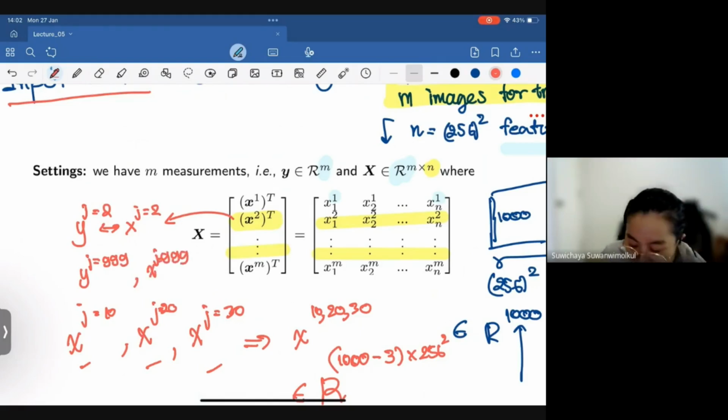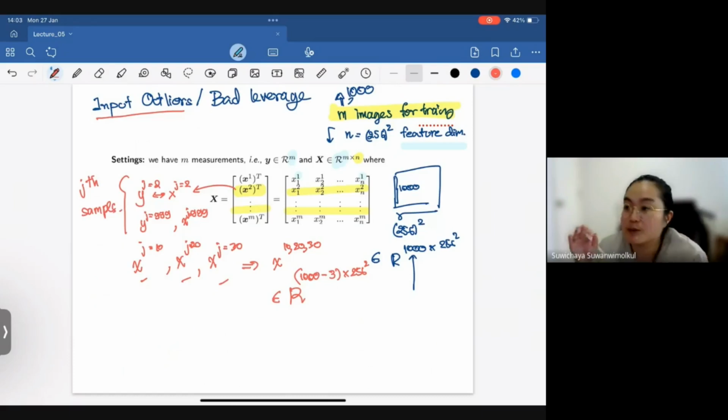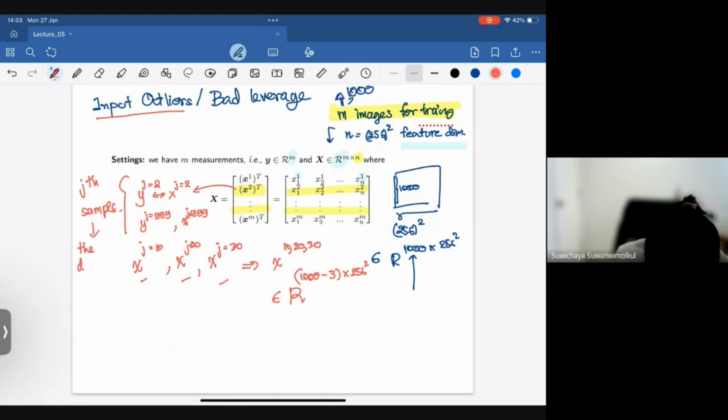So when we say we remove the outliers, whether it is a leverage point in x or an outlier in measurements, that means we remove the pair of the input and the output. In other words, we remove the j sample. So we remove this pair. All right, shall we move on?